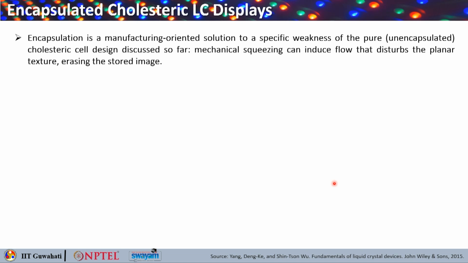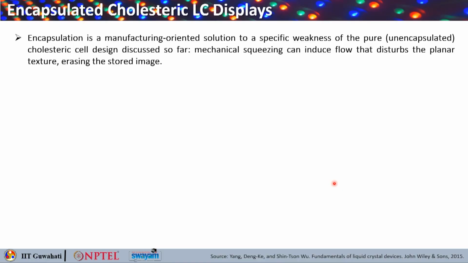Now we will talk about encapsulation in cholesteric liquid crystal displays. Encapsulation is a manufacturing oriented solution to a specific weakness of the pure unencapsulated cholesteric cell design that has been discussed so far.